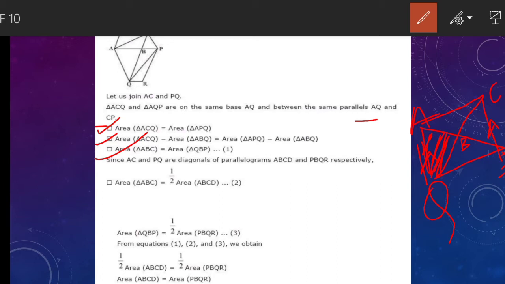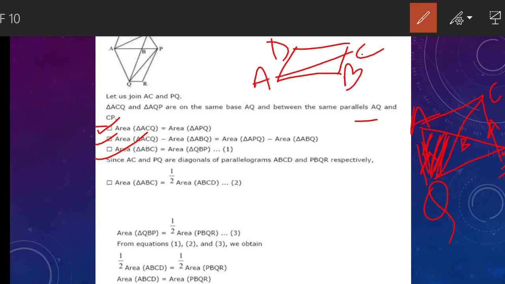Now since AC and PQ are the diagonals of the parallelograms. So if we see the parallelogram ABCD, AC is a diagonal, and if we see the parallelogram PBQR, PQ is the diagonal of the other parallelogram.